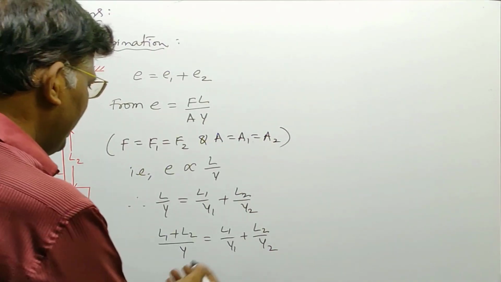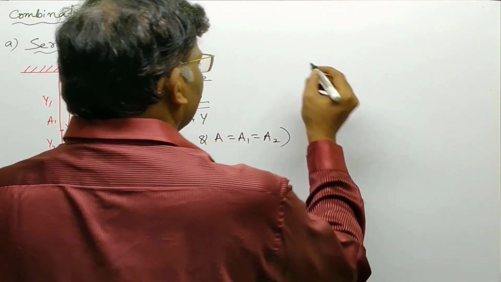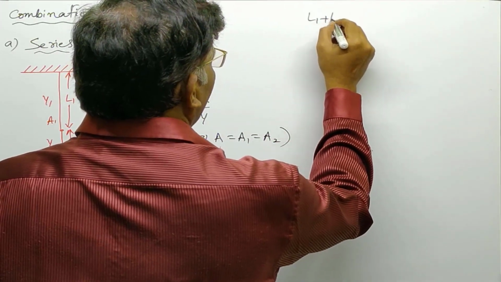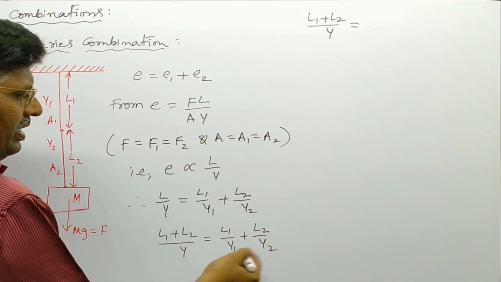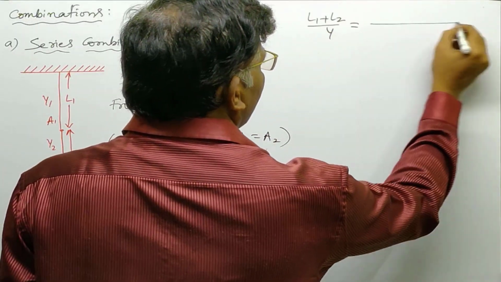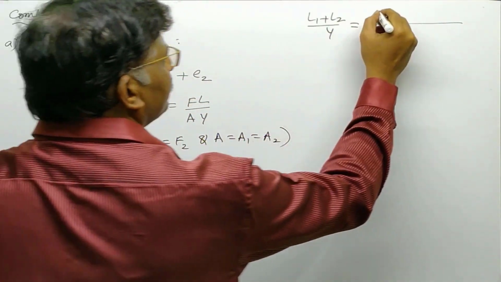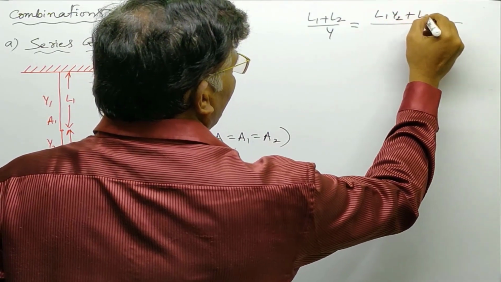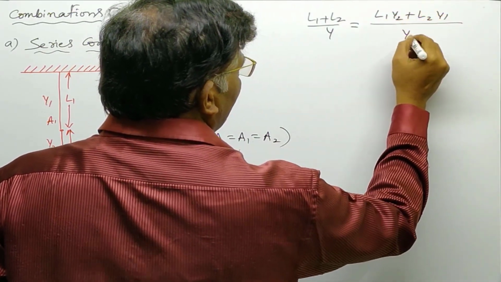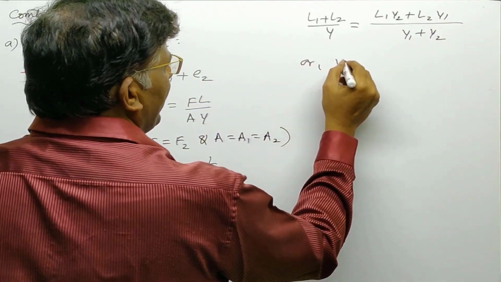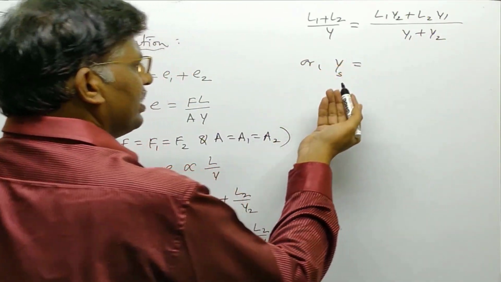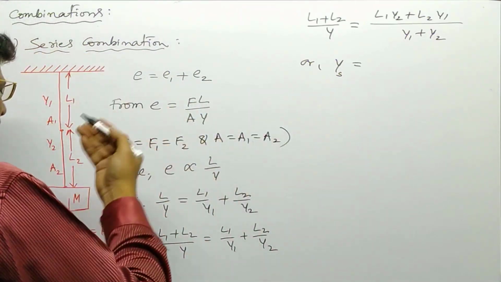Or by simplifying it here, you can write that (L1 plus L2) by Y is equal to, on the right side the LCM is Y1 Y2, and the numerator can be written as (L1 Y2 plus L2 Y1) divided by Y1 Y2. The effective Y, that is Ys, you can take it as the series combination.